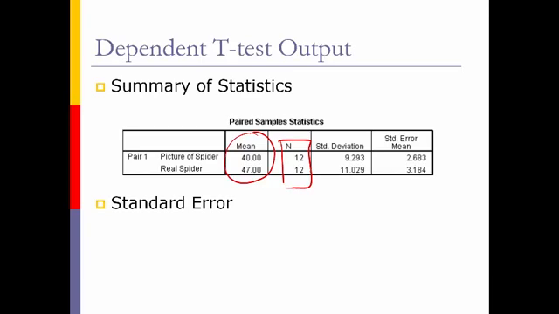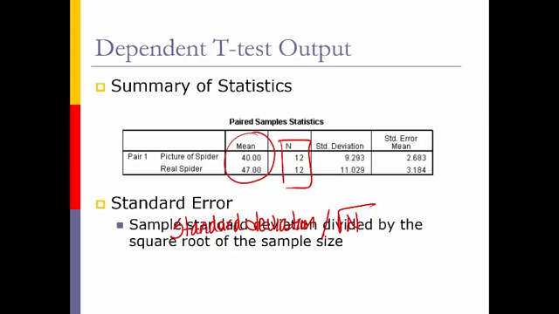That standard error of the mean is simply the standard deviation divided by the square root of the sample size. So that is how that is calculated. So no craziness there. No, I didn't have to write it.